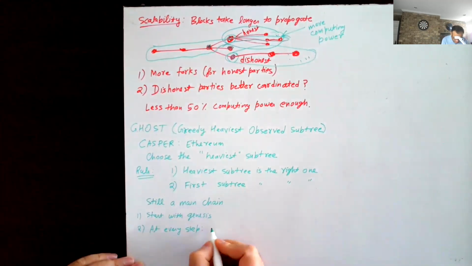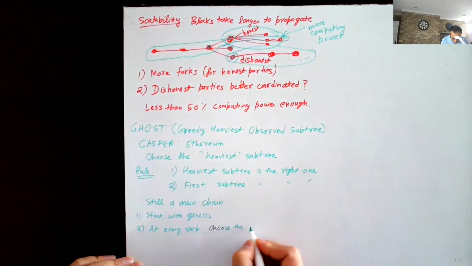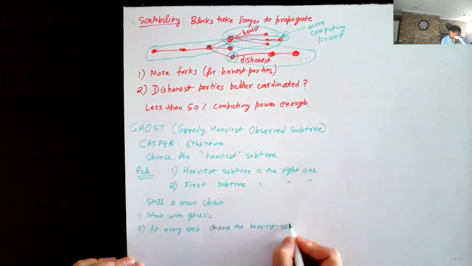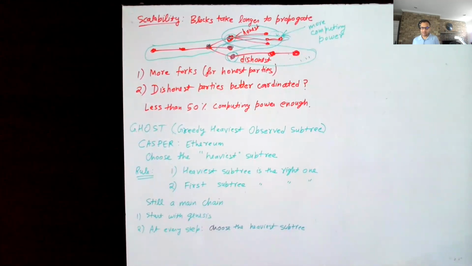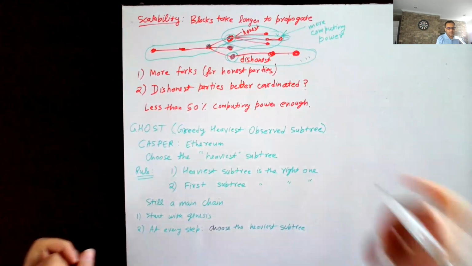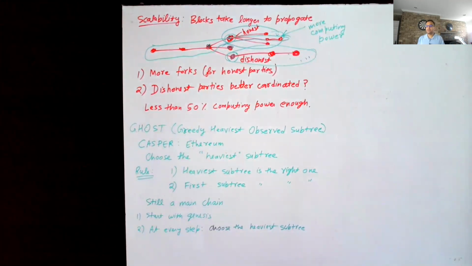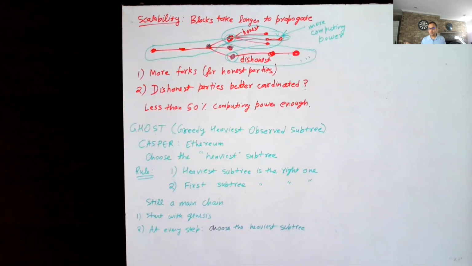At every step, choose the heaviest, and you keep doing that recursively. Eventually you will end up at one of the leaves, and then you have marked the main chain. And if there's a conflict, then right now we have a fork. Hopefully the fork will be resolved eventually.